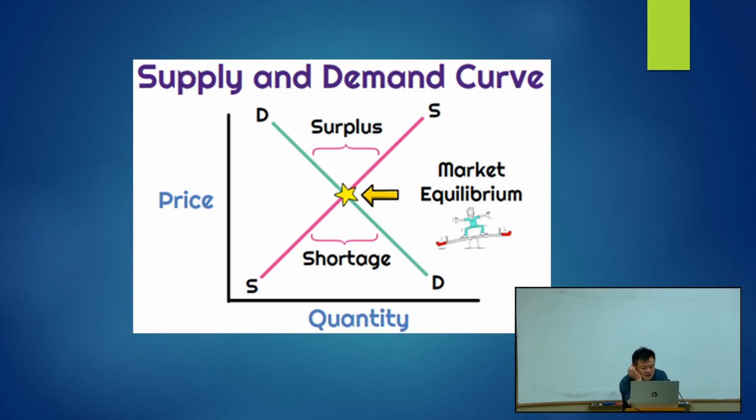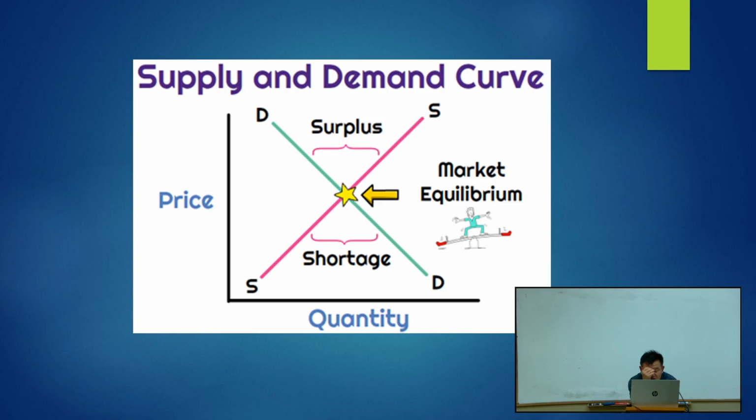The other picture shows the supply and demand curves, and where they meet at one point, we say equilibrium, or exactly, the market equilibrium. The market equilibrium is fluctuating, as I said. The upper side we say is surplus, and the below side of market equilibrium we say is shortage.